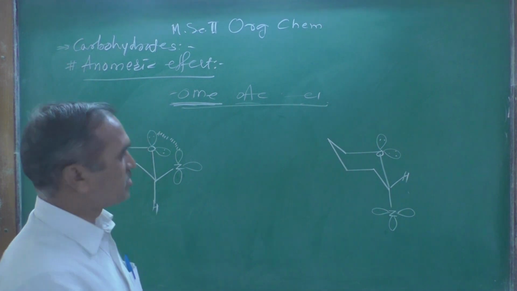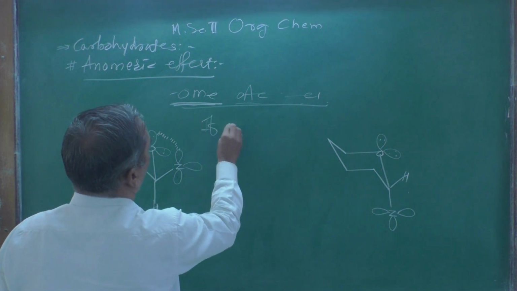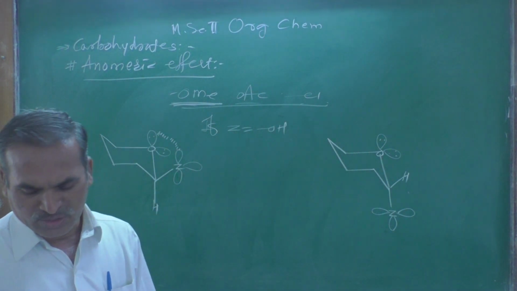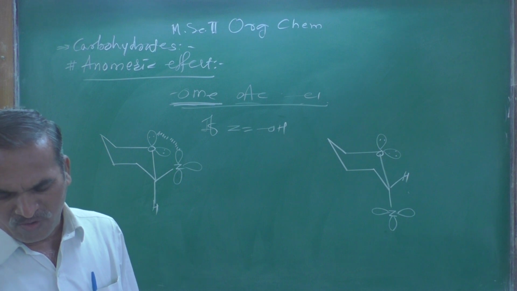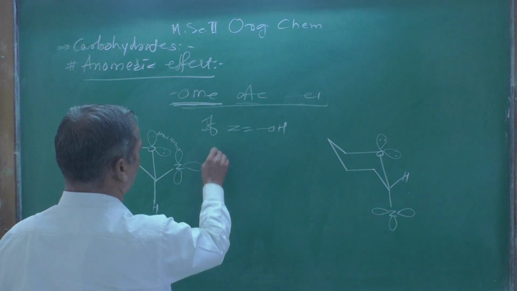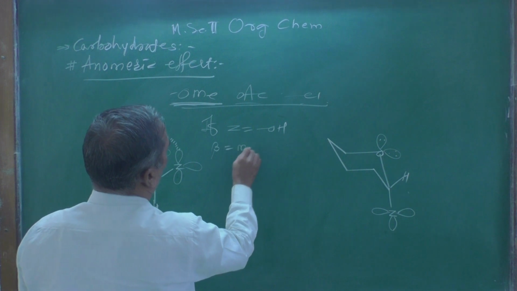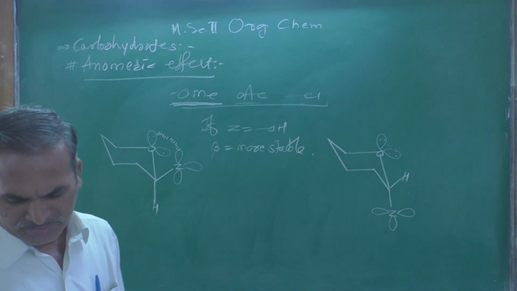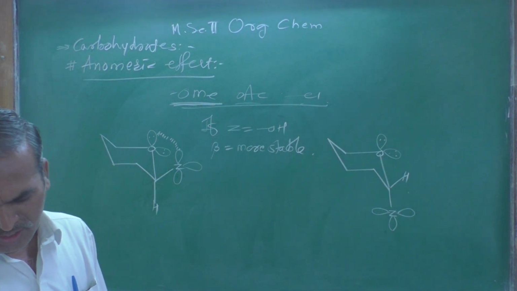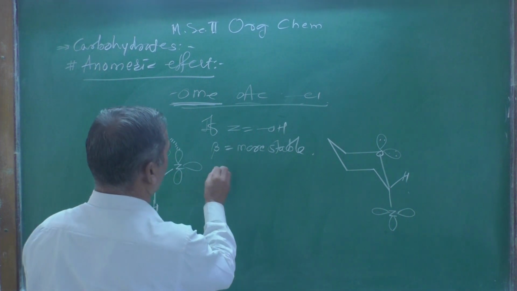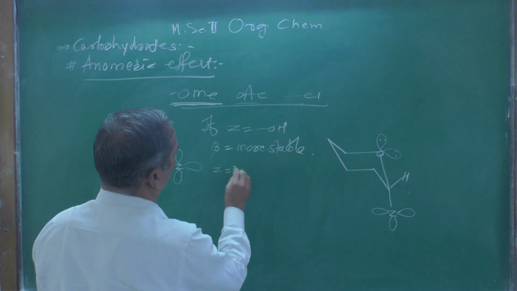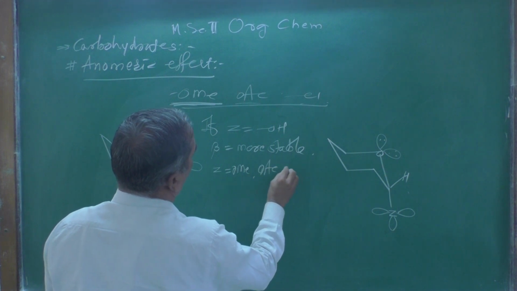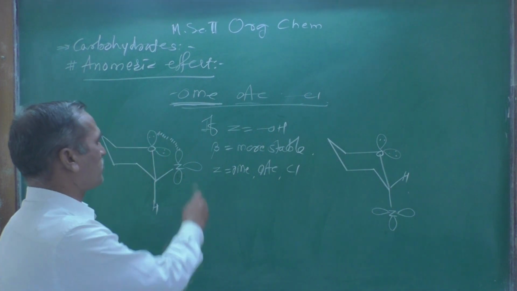Suppose Z is equal to OH, the beta form is more stable. Now when Z is equal to OMe, methoxy, or OAc or Cl, chlorine, those types of groups are there.